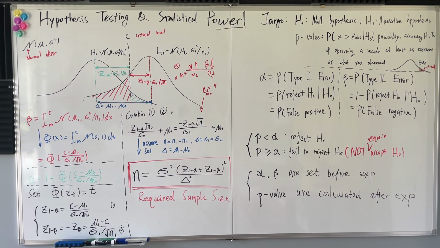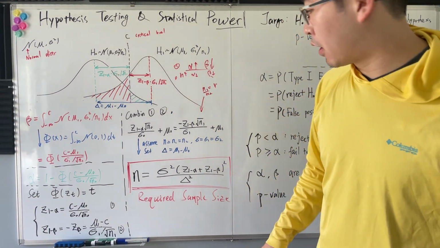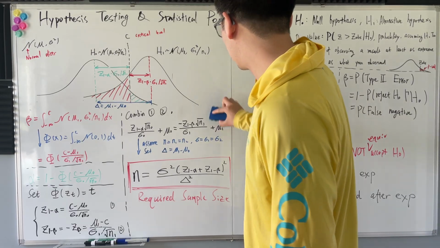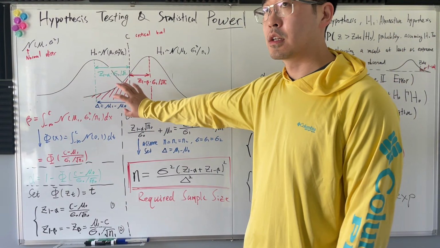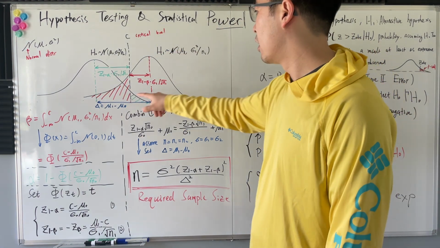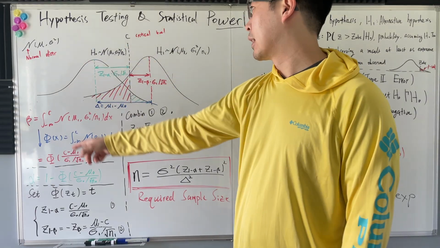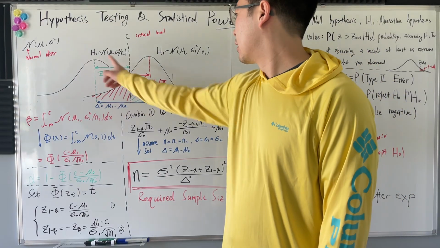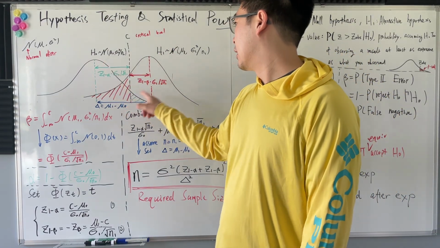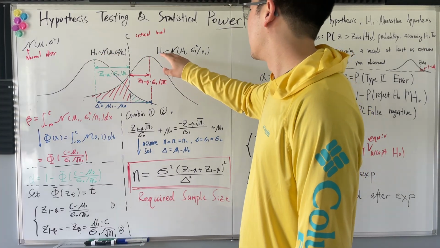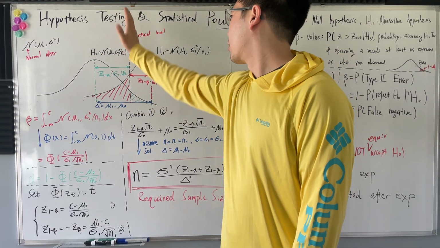I think this is a very good mental picture. If you forgot everything, just remember this graph and it can get you back the majority of the knowledge of hypothesis testing and statistical power. Just to reiterate: H0, the null hypothesis, the alternative hypothesis, and a given critical level.